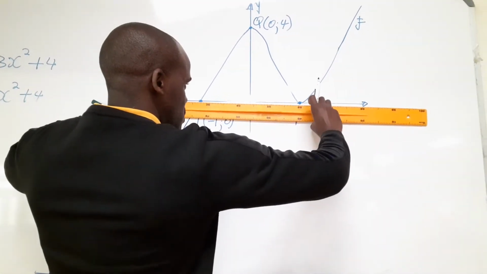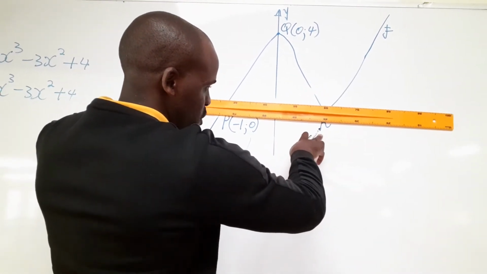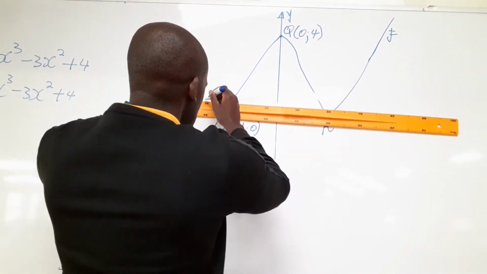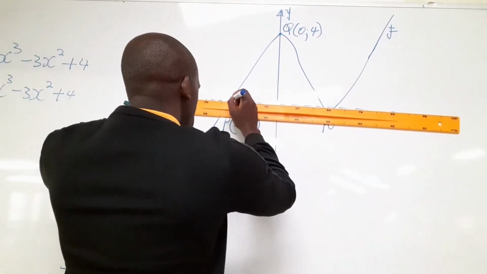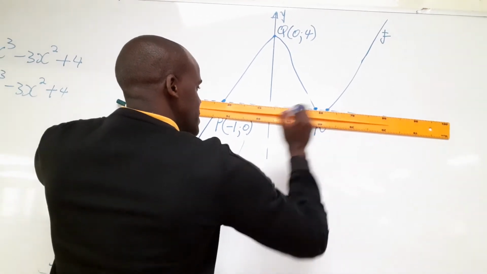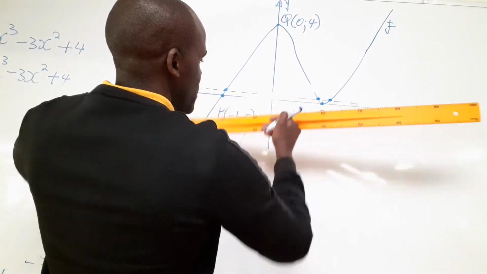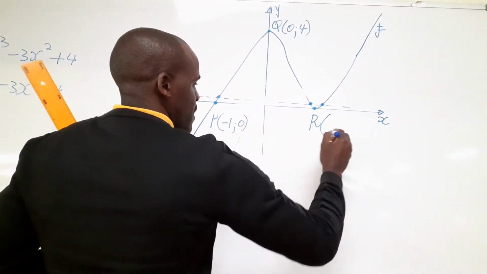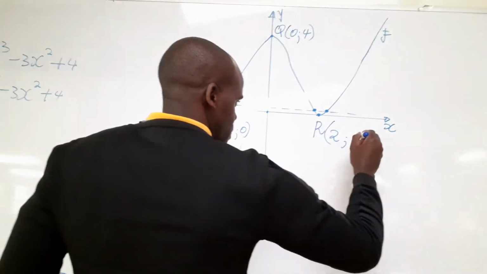But once you just go up a bit, just above point R, which is our turning point here, so now we are having 1, 2, 3 roots just above the turning point here.